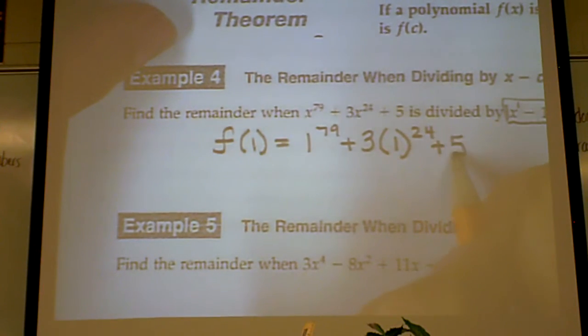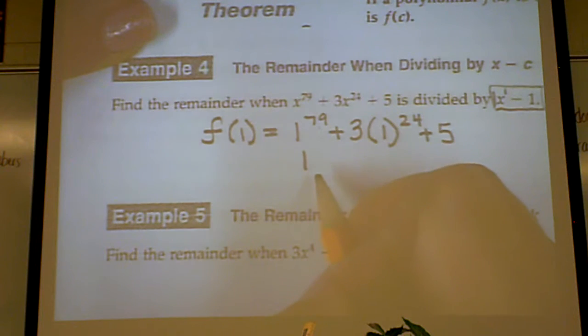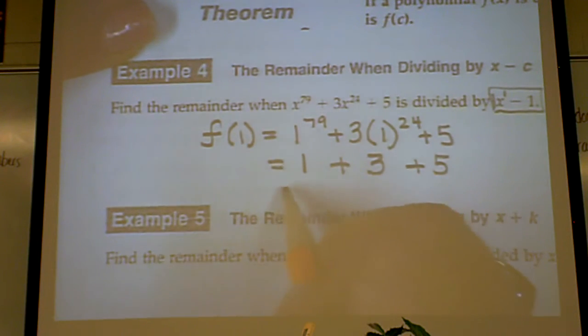Plus 5. If you took 1 and multiplied it 79 times, you get 1. If you took 1 and multiplied it 24 times, you'd get 1. 1 times 3 is 3. What's your answer? 9.